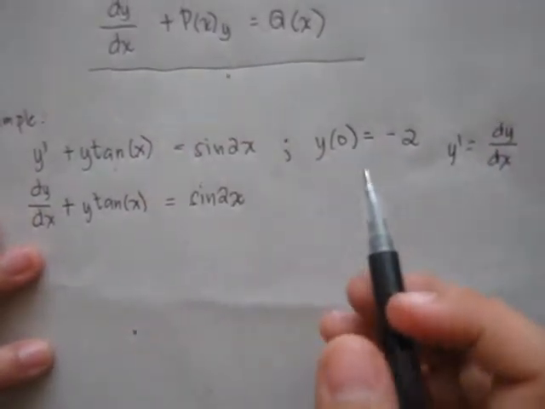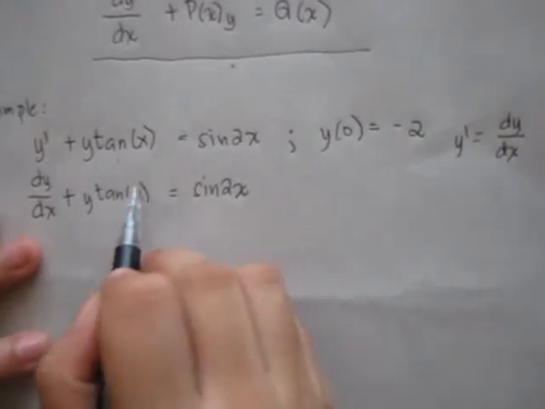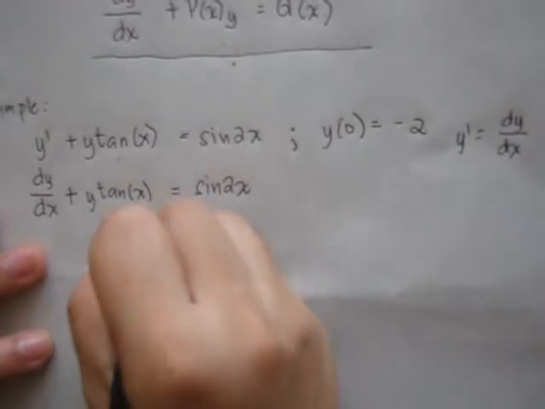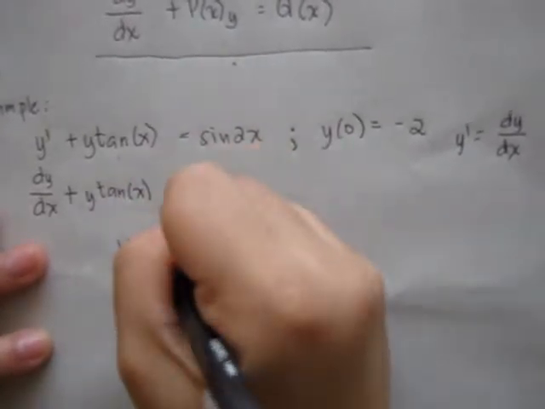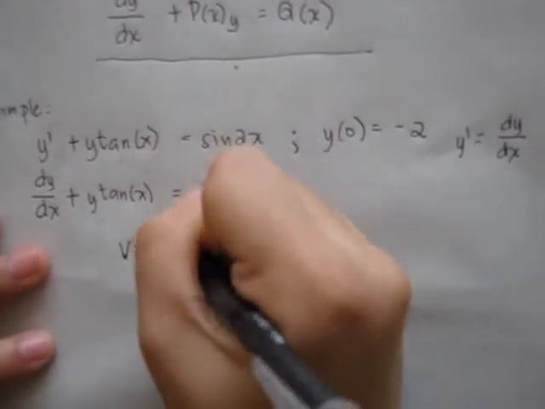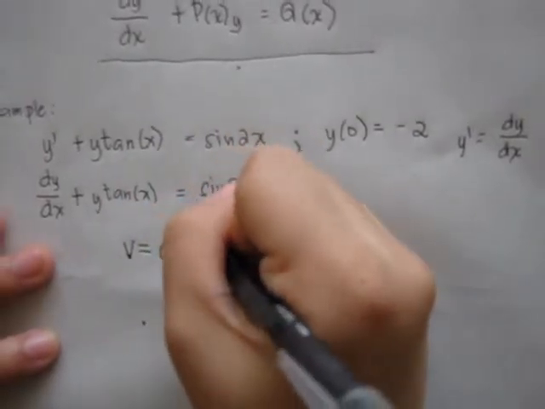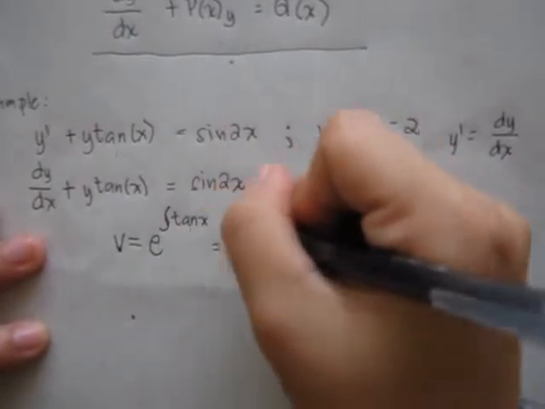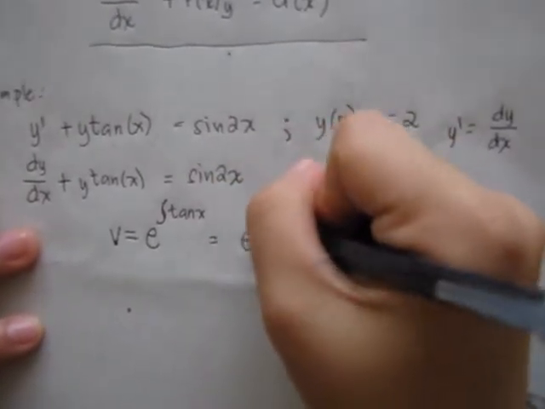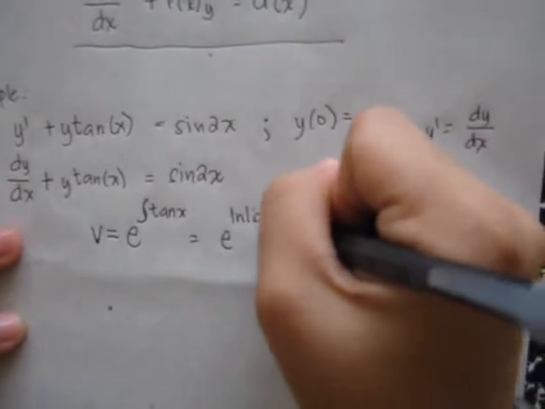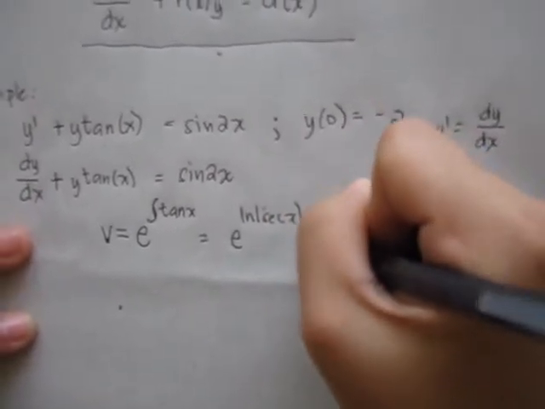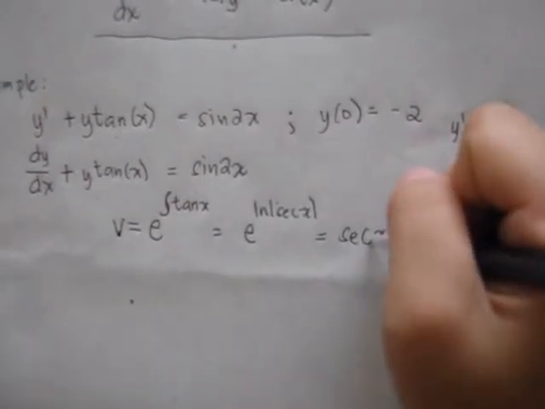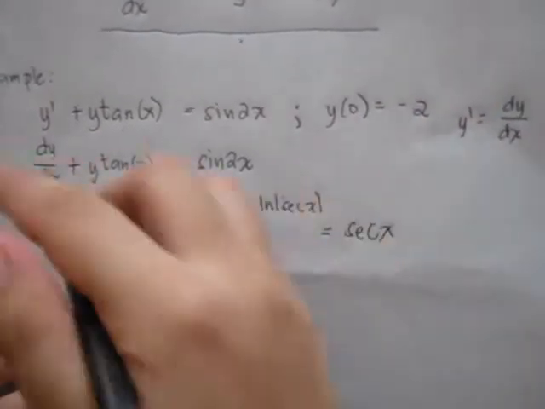Then getting the integrating factor from this one. The integrating factor is just equal to e to the integral of tan x, which is equal to e to the ln secant x, which is just secant x. Then this secant x, we will multiply to this equation.